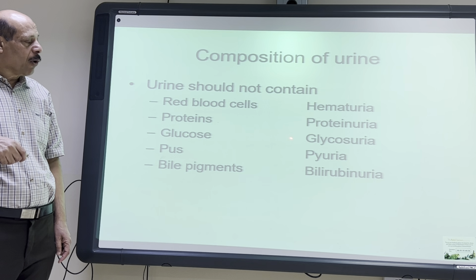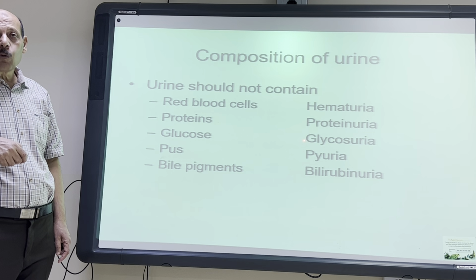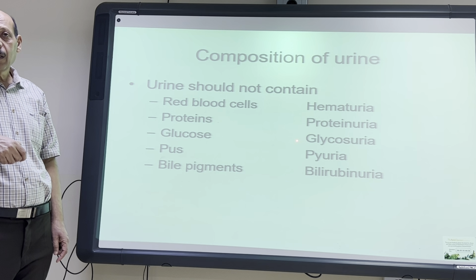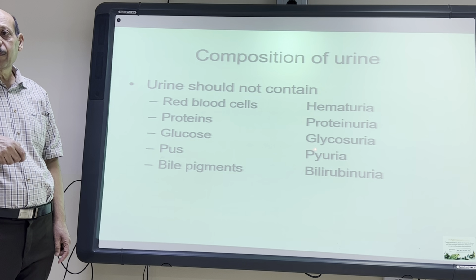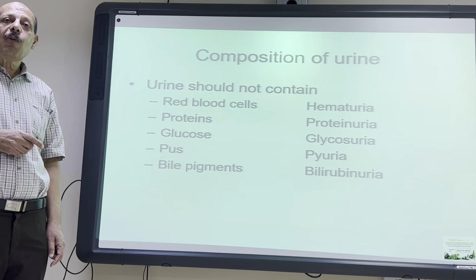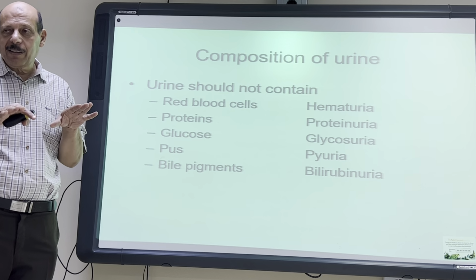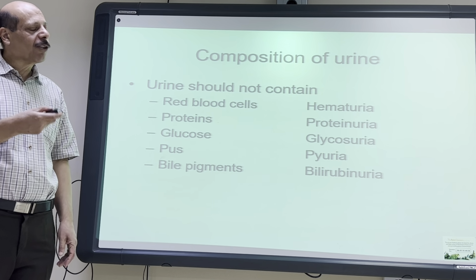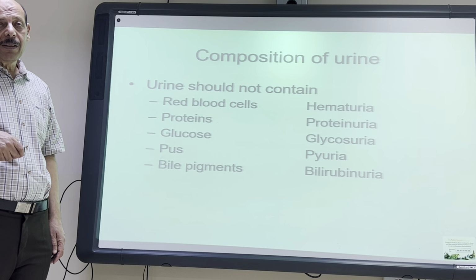Glucose is called glucosuria. In which disease does glucose come with the urine? In case of diabetes. In case of uncontrolled diabetes. If the diabetes is controlled, blood sugar will not come in the urine.